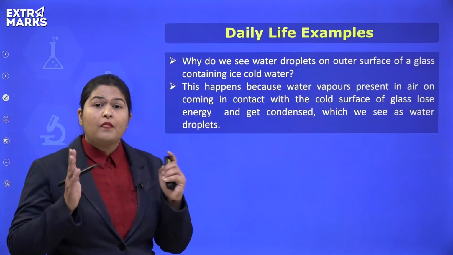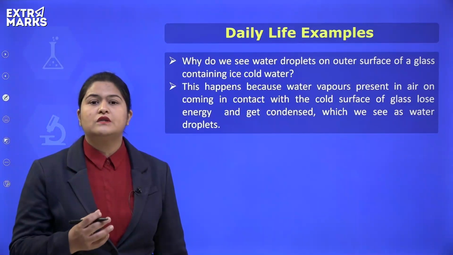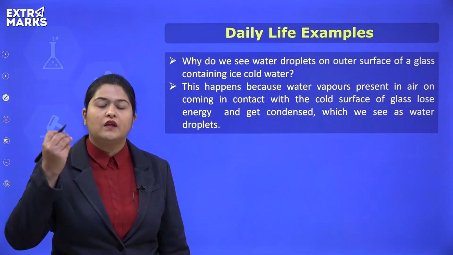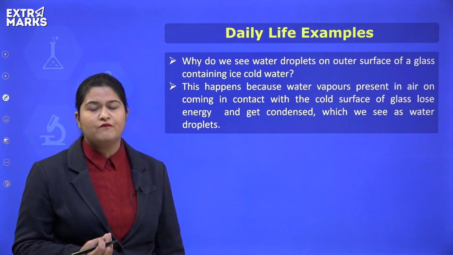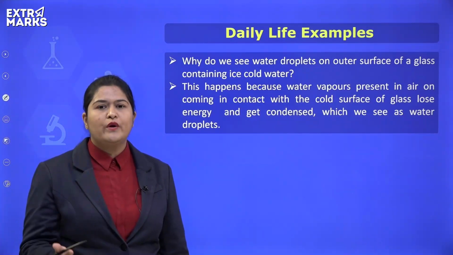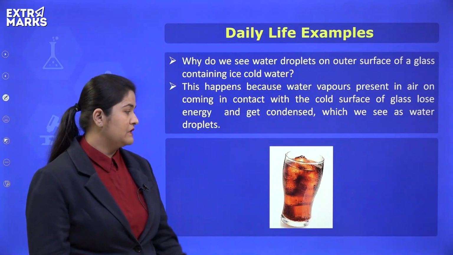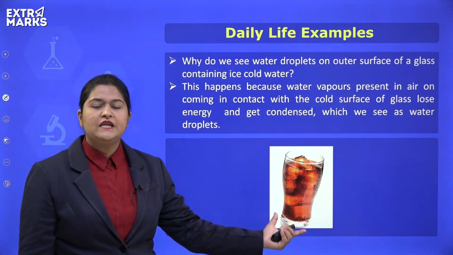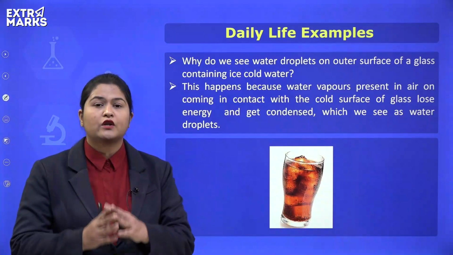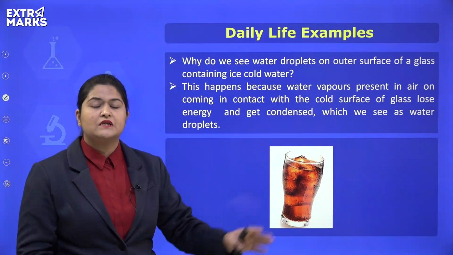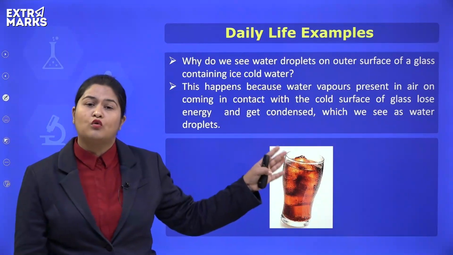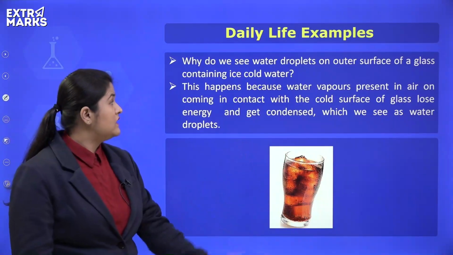Similarly, other concepts of interconversion of states of matter can also be used to explain some day-to-day life examples. See, you must have seen that water droplets get deposited on the outer surface of any glass in which cold drink or cold water is kept. Why does this happen?